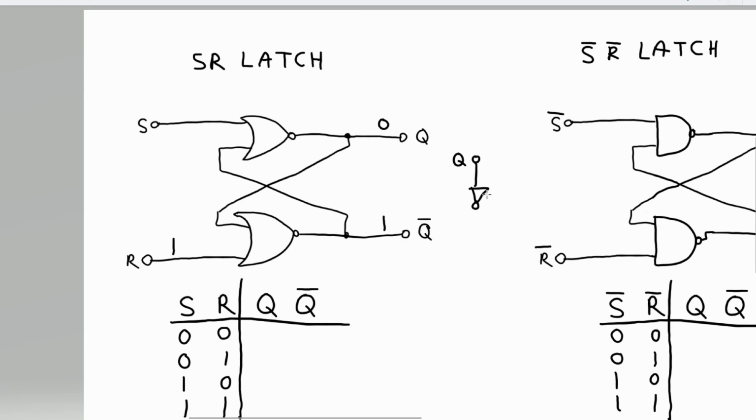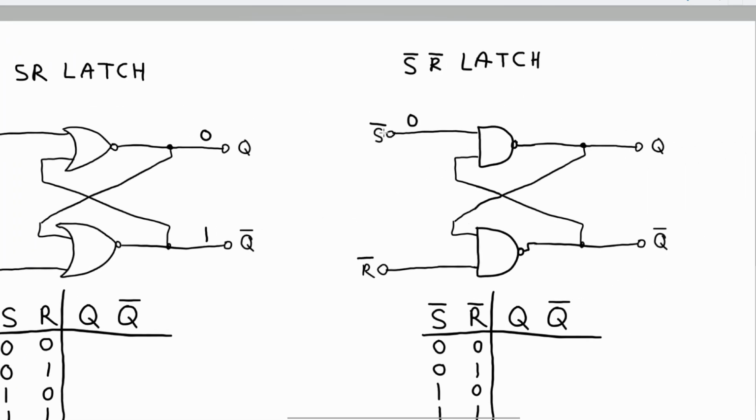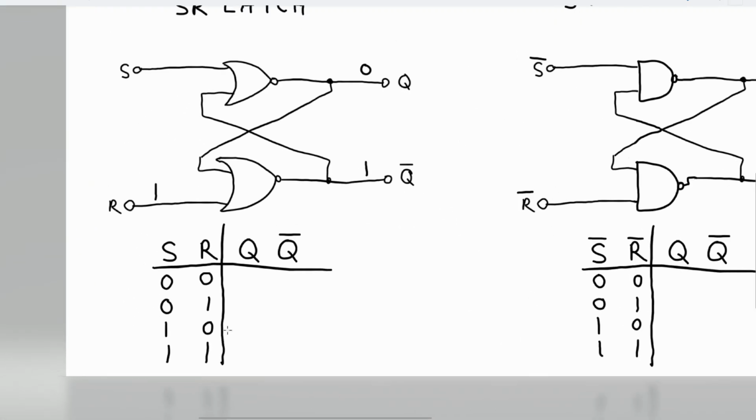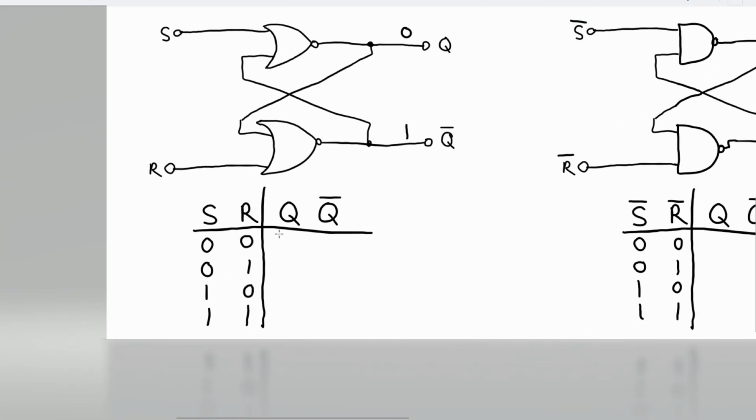With this, if you send a 0 to set, then Q will become 1, and if you send a 0 to reset, then Q will become 0. And in addition, SR latches do another thing where they will hold if you send 2 zeros.